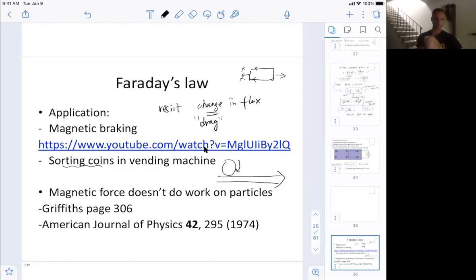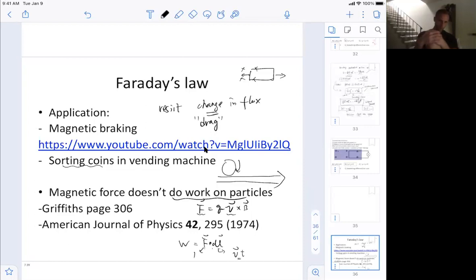Another very important, interesting point is that magnetic force doesn't do work on particles. We have talked about this in the very beginning when we did qV cross B, right? You can see this force is perpendicular to the v, and when we do force work, it is F dot dl, right? And dl is in the same direction as your v, the path you're taking.